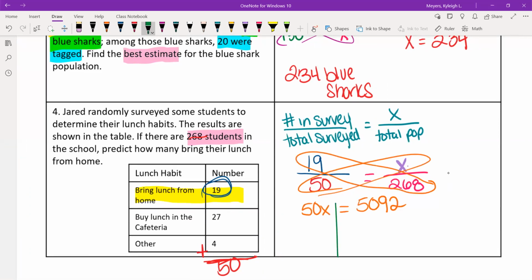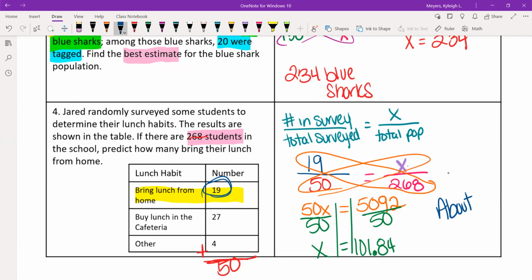And then we solve. Divide both sides by 50. Did you get 101.84? Well, can I have 0.84 of a person? No, so we're going to have to round. Predict how many students bring their lunch from home. Would you round up to 102 or would you round down to 101?